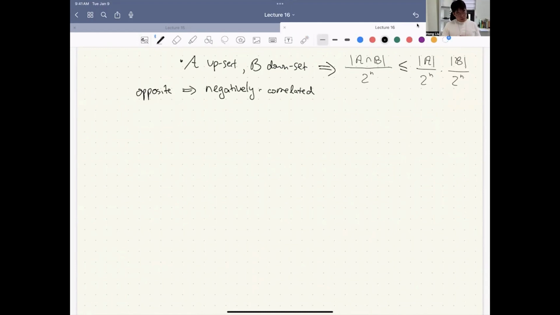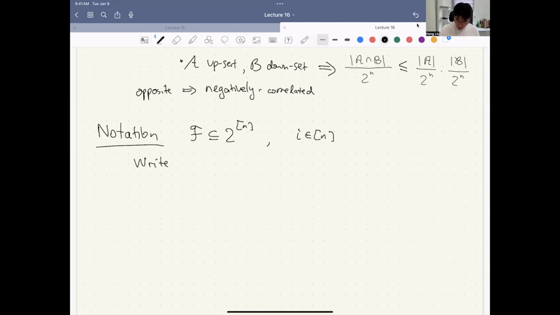I want to introduce a notation. If we have a family F of sets in 2 to the n, and let's fix an element i in n, then we will write F_i.